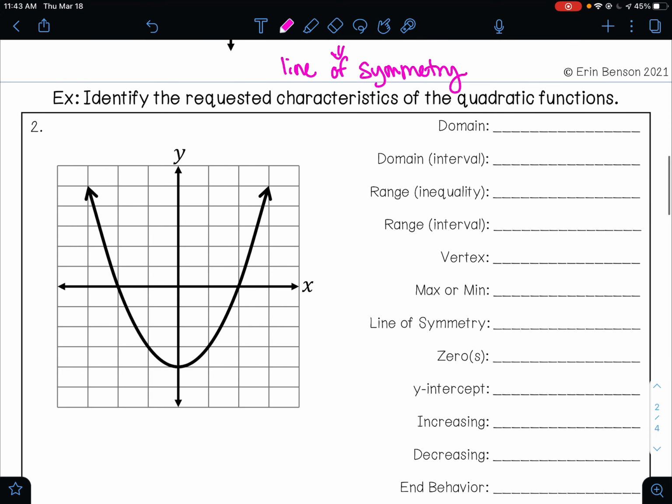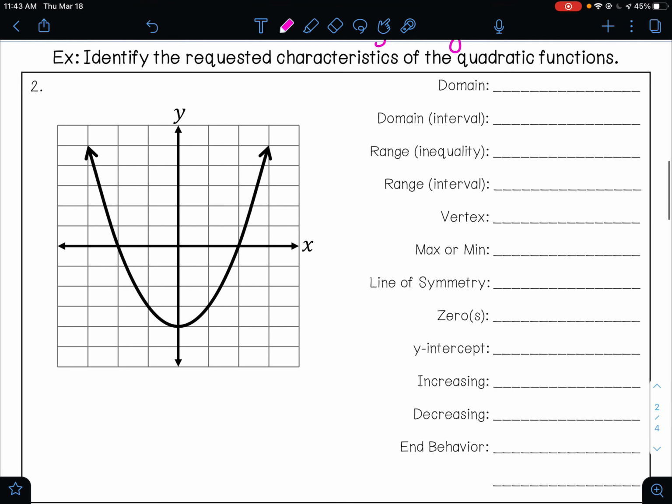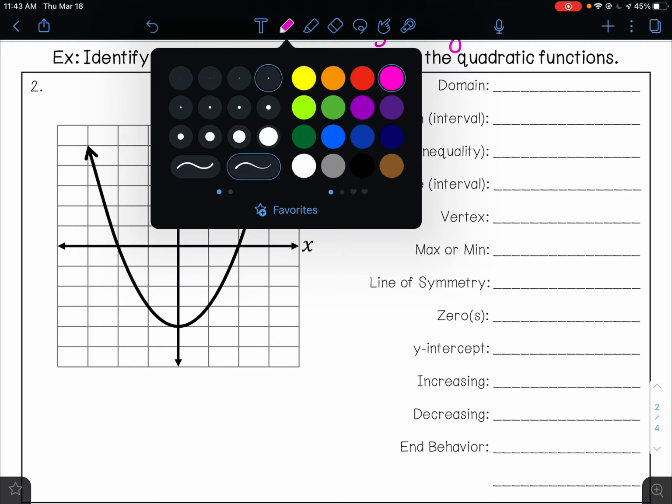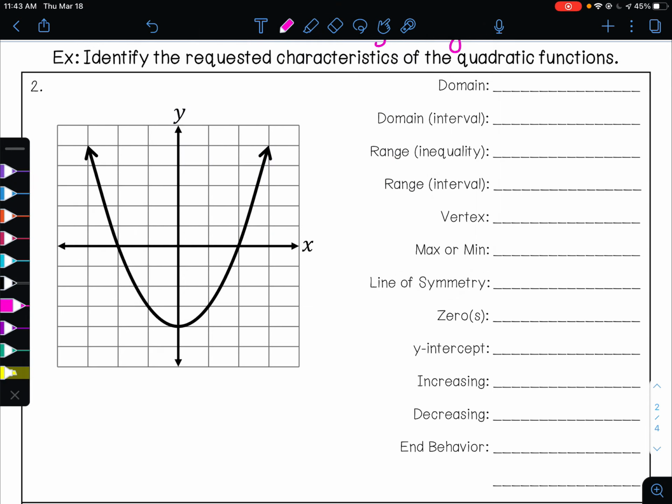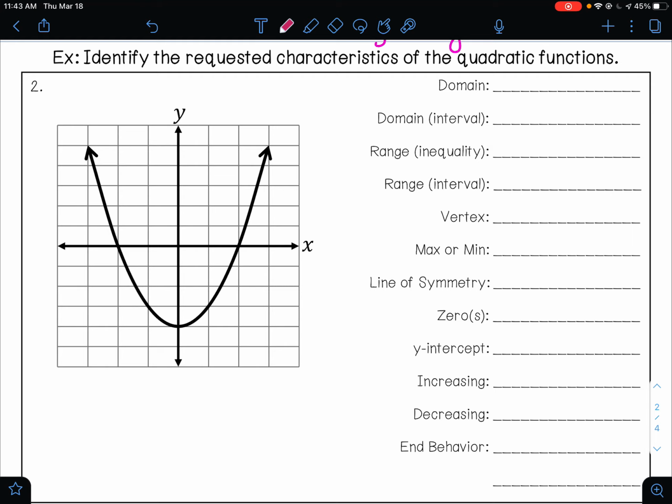Let's look at example 2. It says identify the requested characteristics of the quadratic functions. So you may be familiar with some of these vocabulary terms, characteristics that we see over here on the right side of the screen. The domain are your x values, and we find them from left to right of the graph.